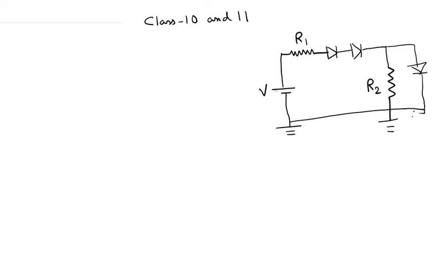So this is our circuit, and you are provided with the information that V is equal to 5 volts, and R2 is 1 kilo ohm. We are also provided with the information that V gamma is equal to 0.65 volts for all the diodes.